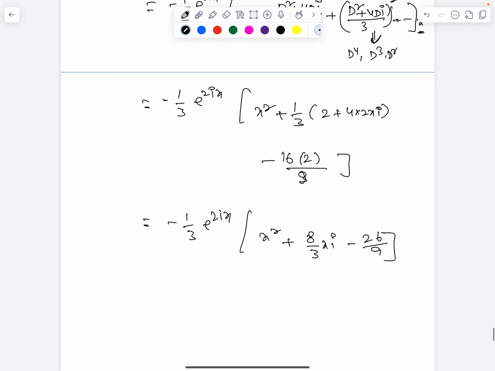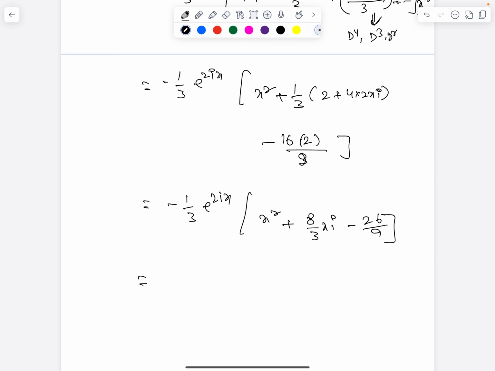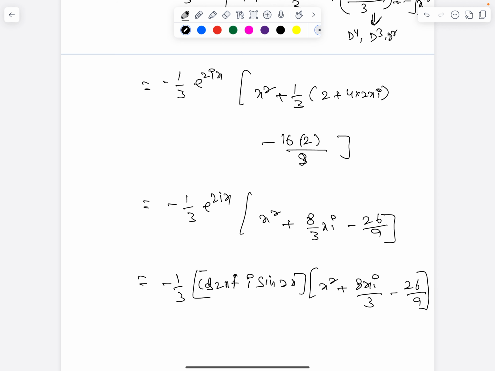And now you need to write 1 by 3, you expand it as cos 2x plus i sin 2x, and the other term is x square plus 8xi by 3 minus 26 by 9.